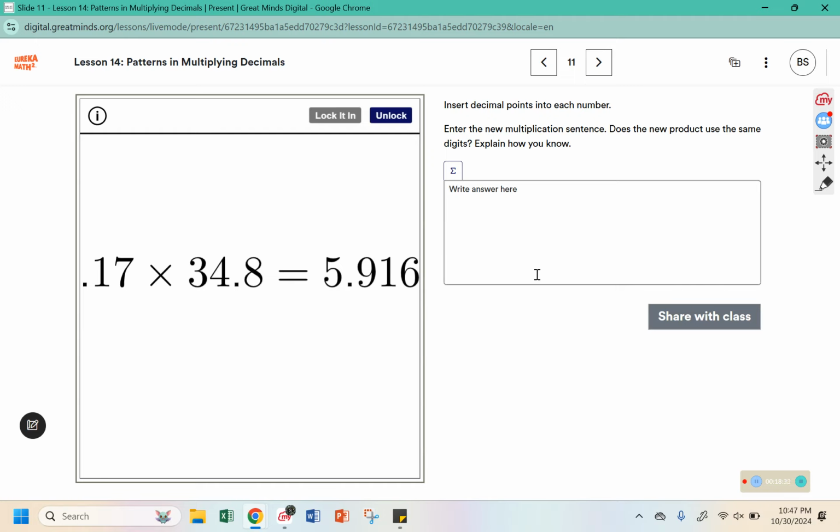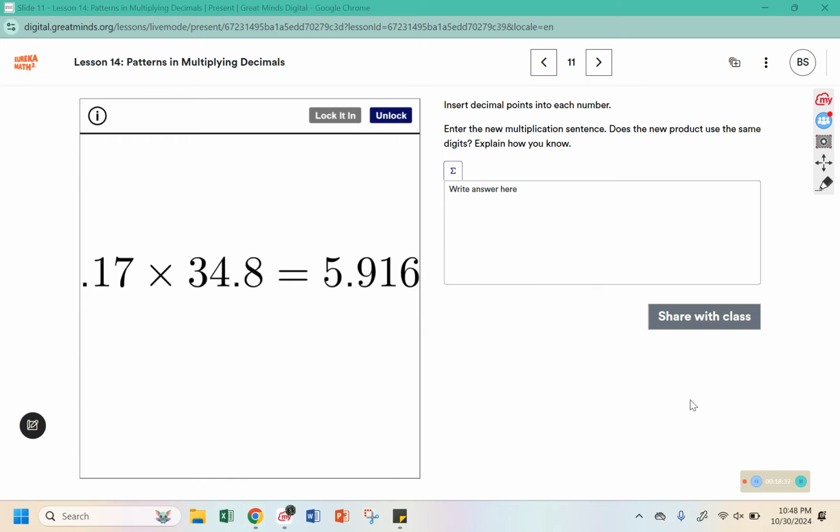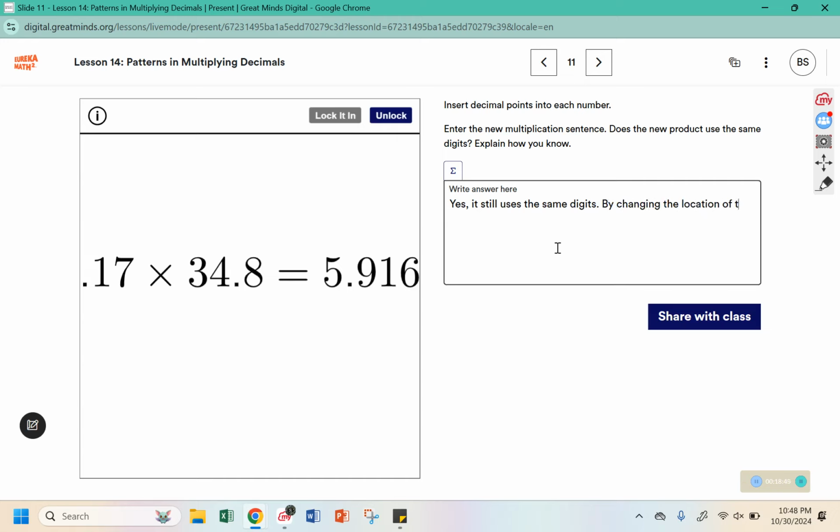Does it use the same digits? Yes, it still uses the same digits. By changing the location of the decimal, we just shift those digits over to change the place values.